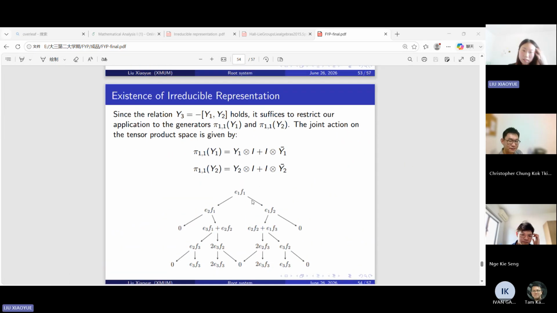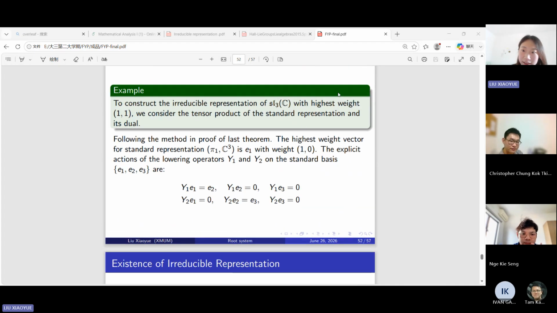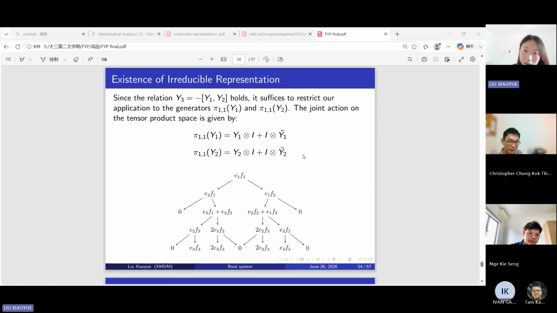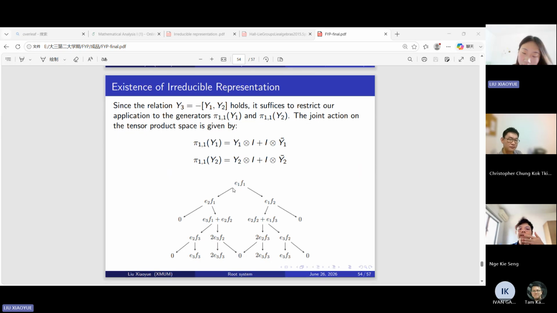Oh, this graph is an example of constructing the highest weight (1, 1). From the statements, we know that E1 tensor F1 is a tensor product, and F1 is what we defined in the dual representation example. On the left branch, we apply the tensor product representation pi (1, 1).